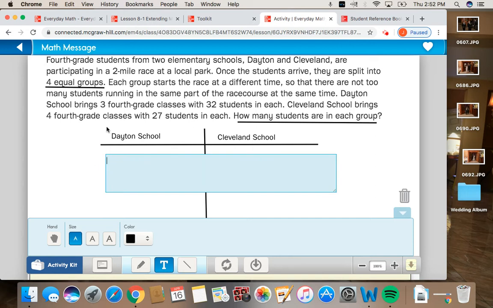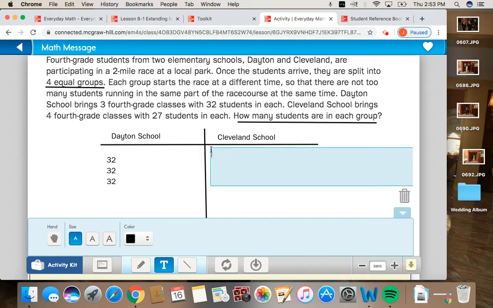So under here, I know we have one class of 32, another class of 32, and another class of 32. Cleveland School brings, let's see, 4 fourth grade classes with 27 students in each. So I have 27, 27, 27, and 27. So that's my information so far.